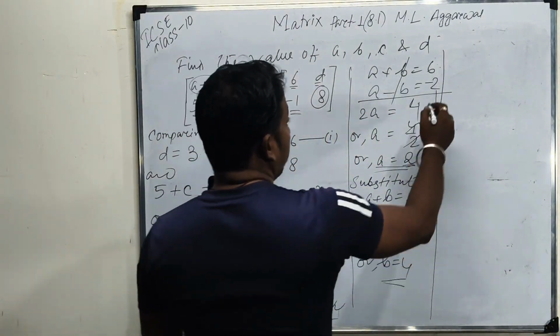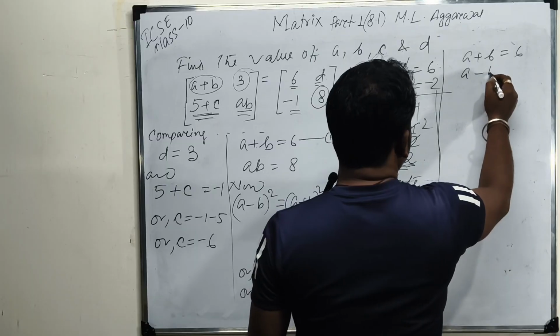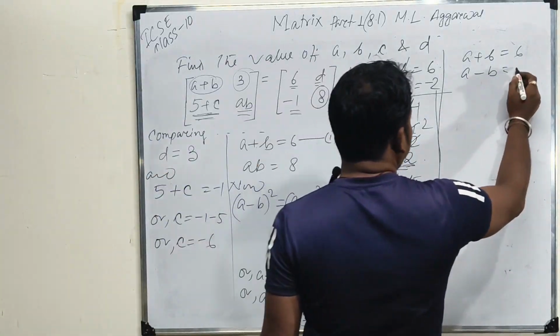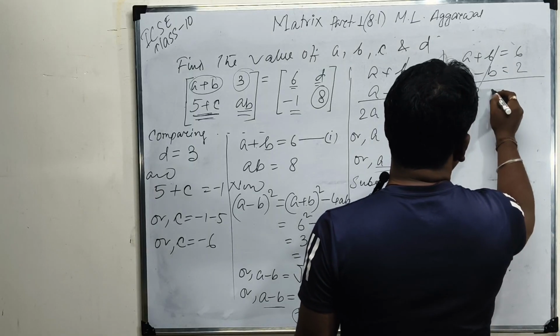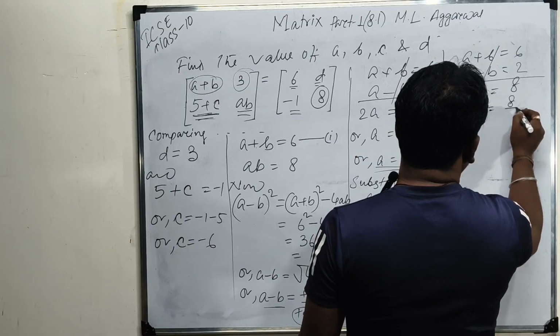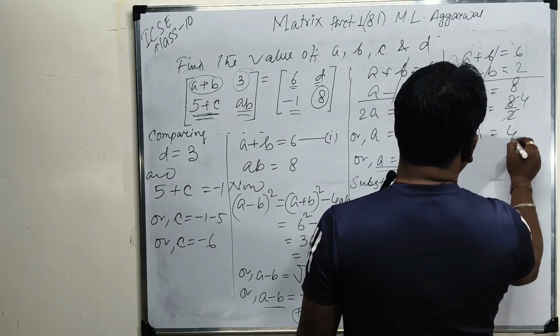Now again, a plus b equals 6, a minus b equals 2. We are taking right now the value of plus 2. So 2a equals 8, or a equals 8 by 2, that is 4, or a equals 4.